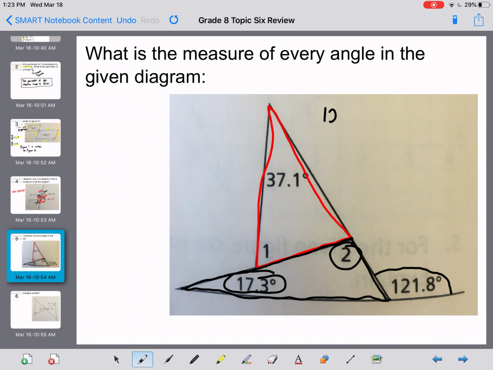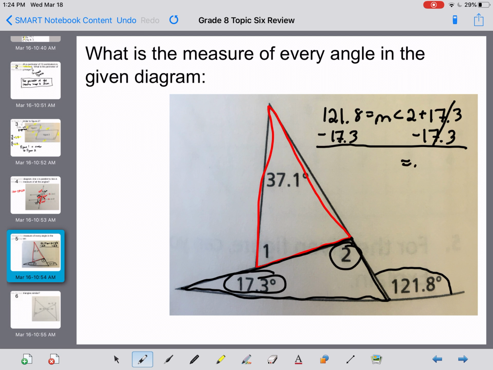So I can say that 121.8 is equal to the measure of angle 2 plus 17.3. To find the measure of angle 2, I can subtract 17.3 from both sides. On the right hand side, I'm left with the measure of angle 2.